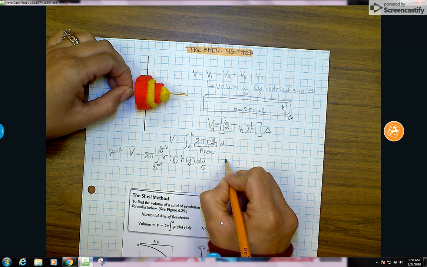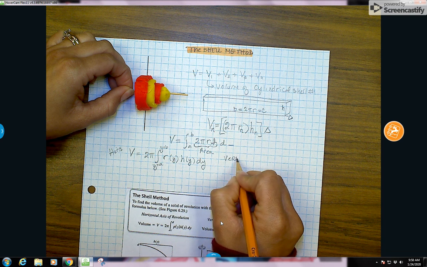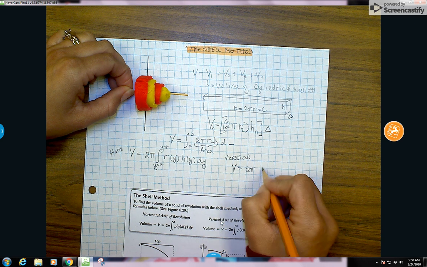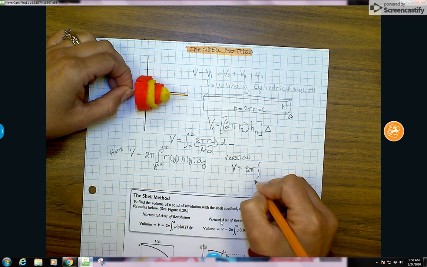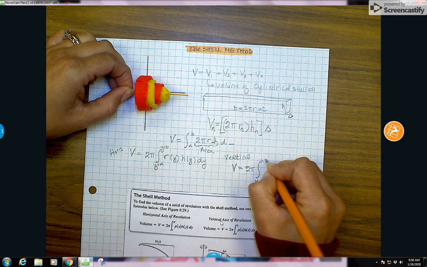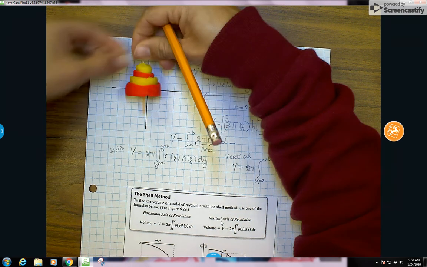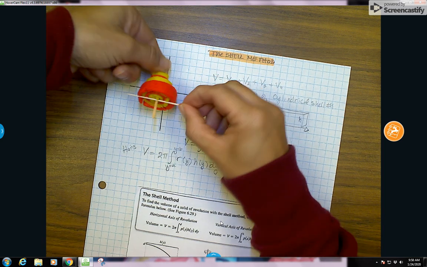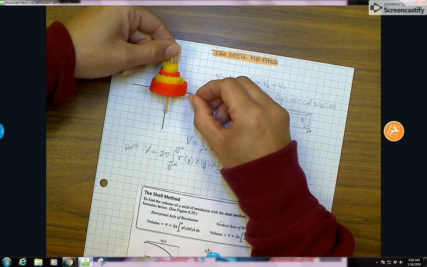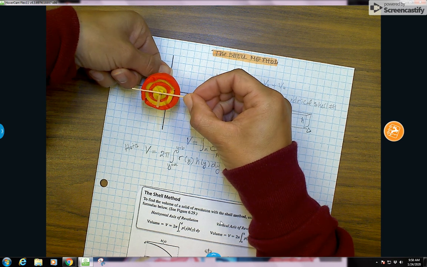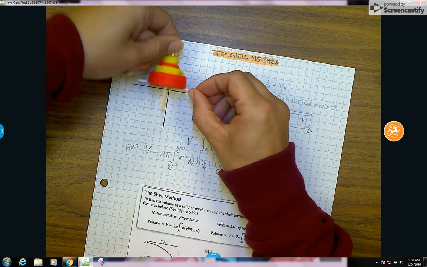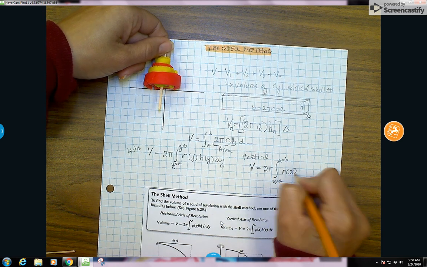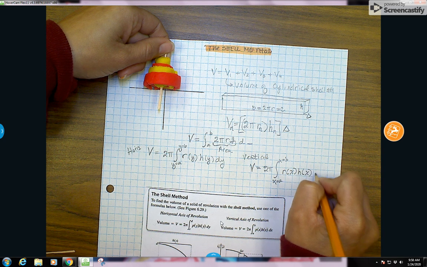And if it's a vertical line, then the volume is going to be 2 pi, the integral from x equals a to x equals b. It's rotated about a vertical line, but the thickness of your shells is measured off of the x-axis. And it's going to be r of x times h of x dx.